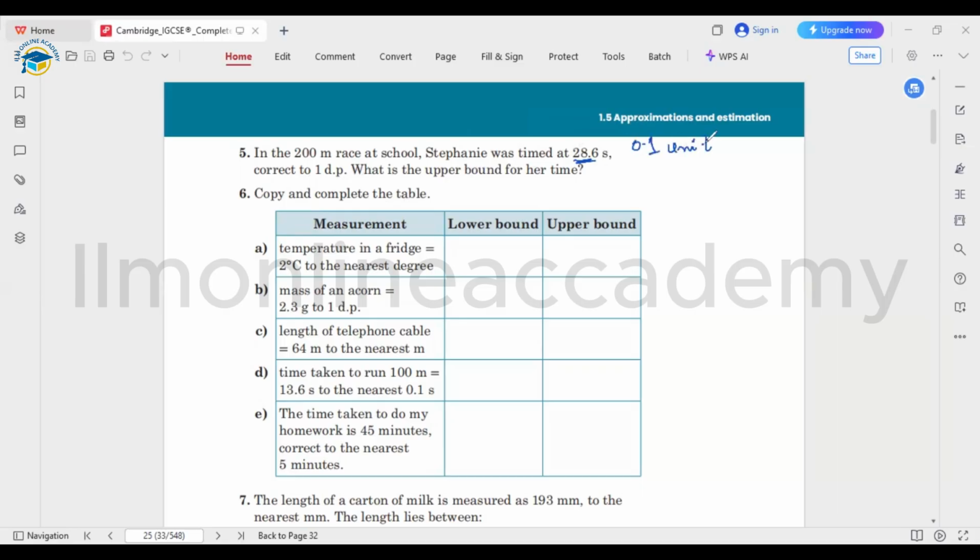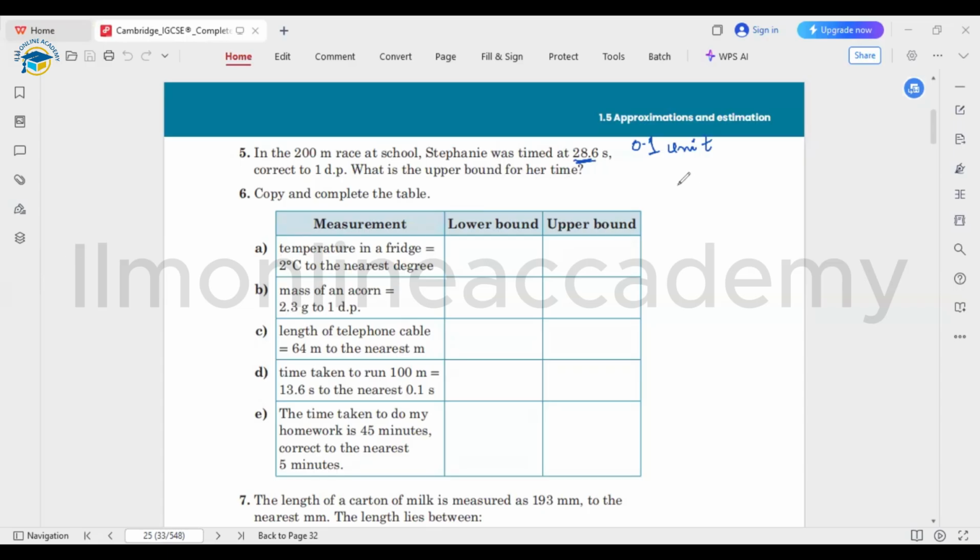This is the unit that we need to use for this part. They're saying that we need to find the upper bound for her time. So let's go on with this part 5.